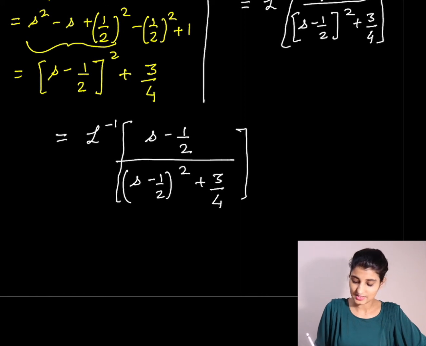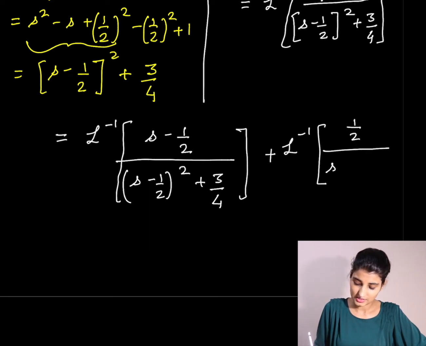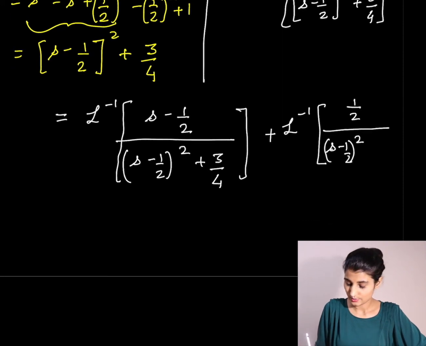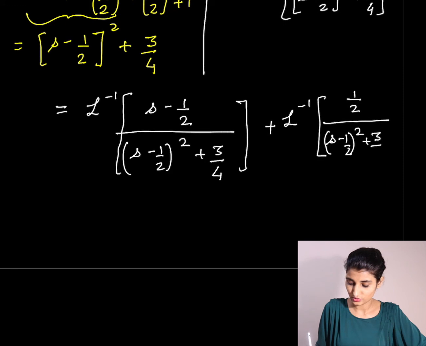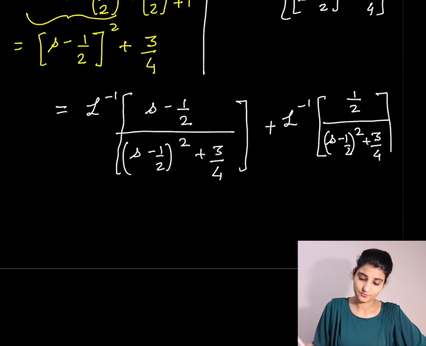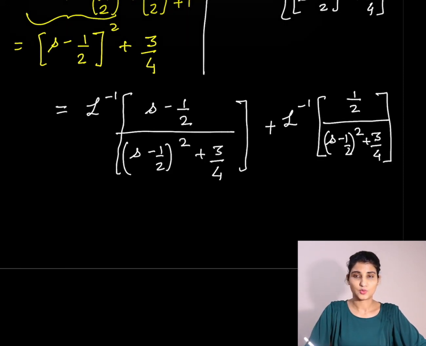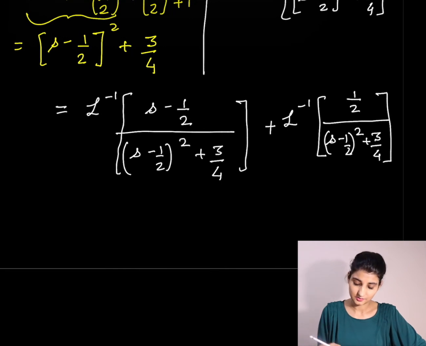So we are basically adding and subtracting 1/2 in the numerator, and we are using the property of linearity.